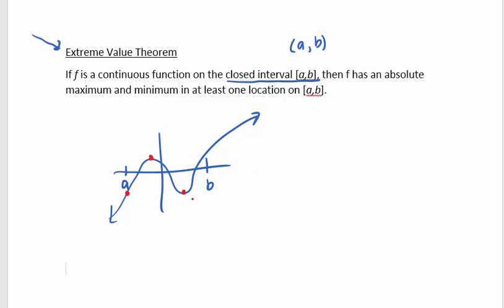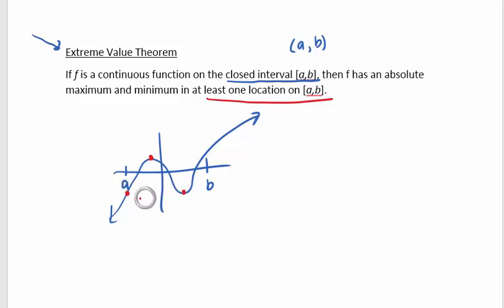Now let's see what else we have in this definition, because every word in a math definition makes a difference and is there for a reason. So we've got the closed interval. We talked about that. We talked about absolute max and min. Let's see this, in at least one location. So that's important. Well, it could have turned out here when we looked at my 2 points that these minimum values are exactly the same.